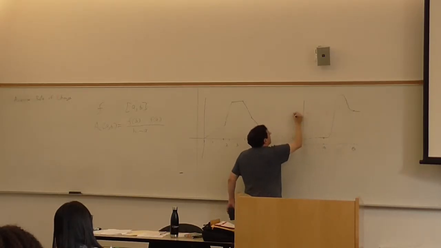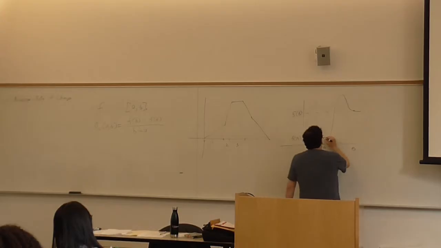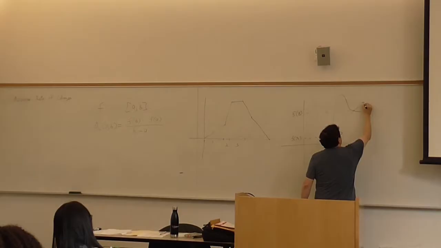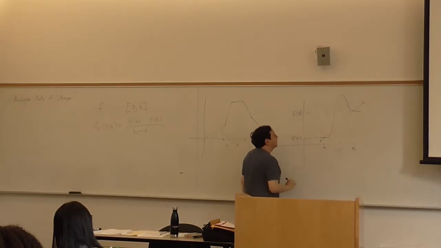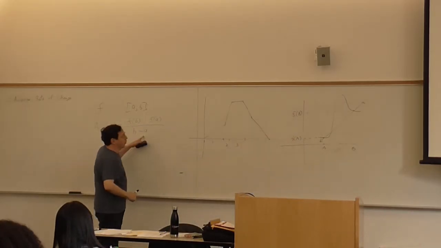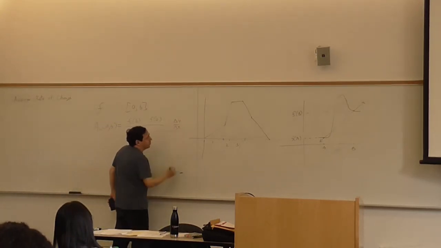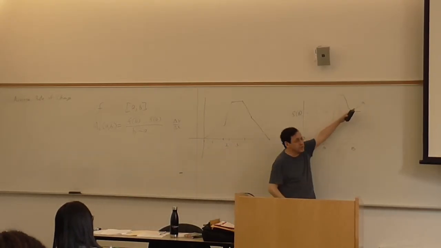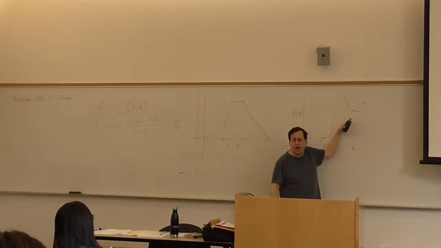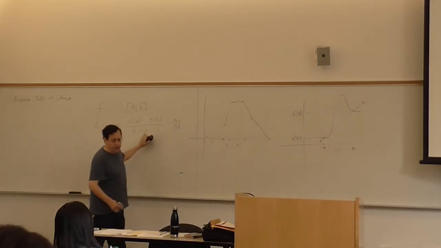And my f of B is over here. And were I to draw a straight line here, this f of b minus f of a over b minus a, that's just my delta y over delta x. That's my slope of this line which I'm using. It's an approximation, right? But this is what we call the average rate of change.